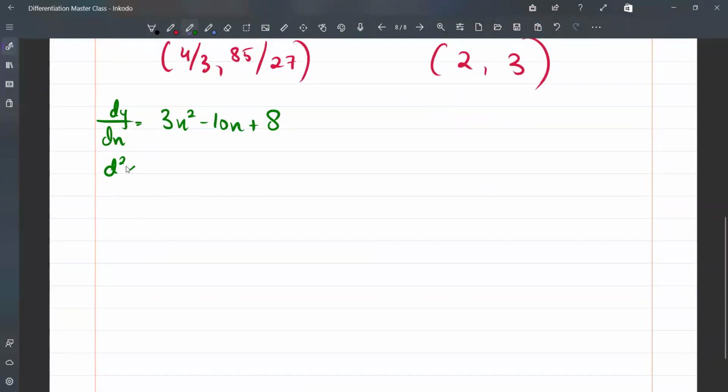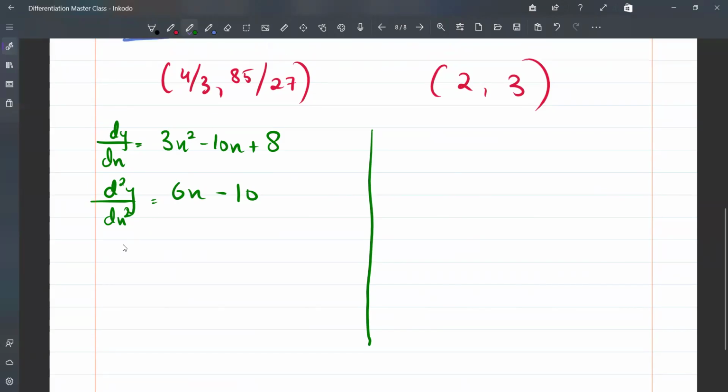So d square y upon dx square would be 6x minus 10. All right. So now just simply insert this x value here. 6 times 4 upon 3 minus 10. All right. So 8 minus 10. This would give us minus 2.